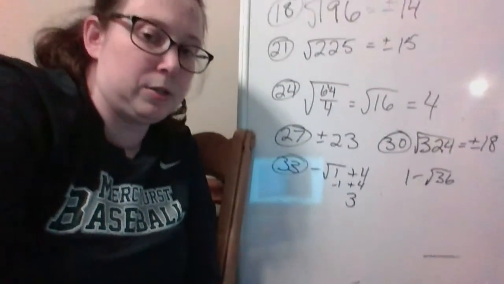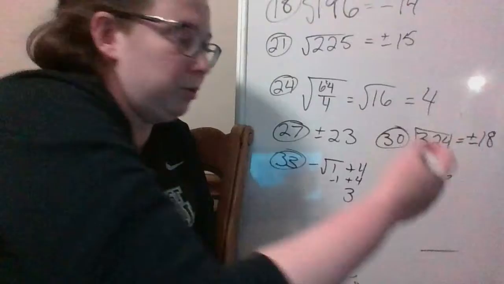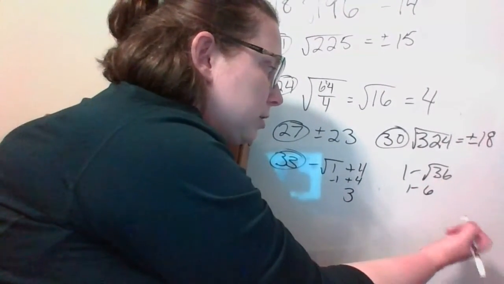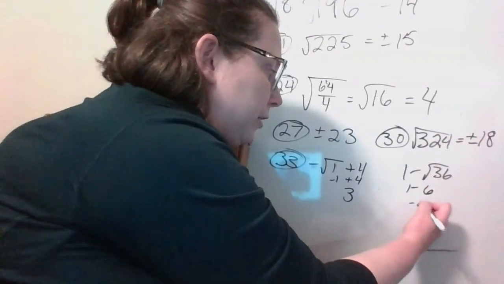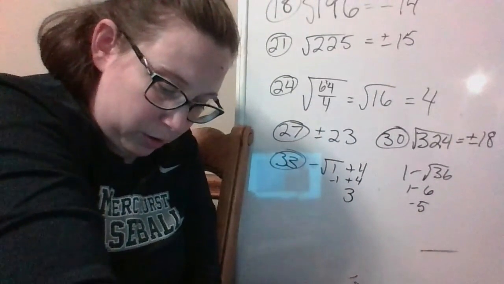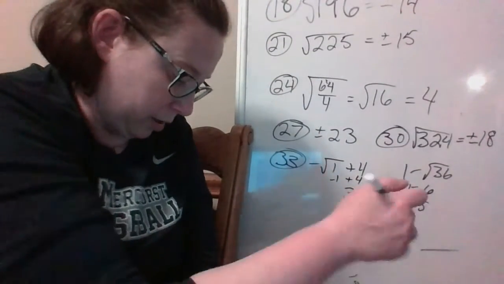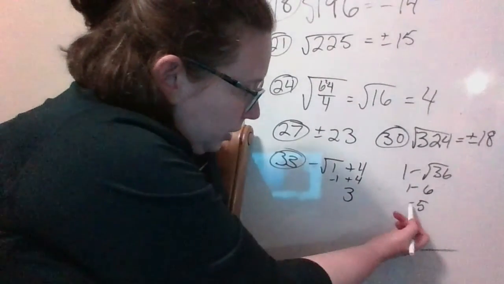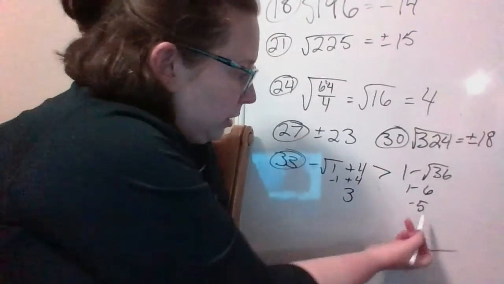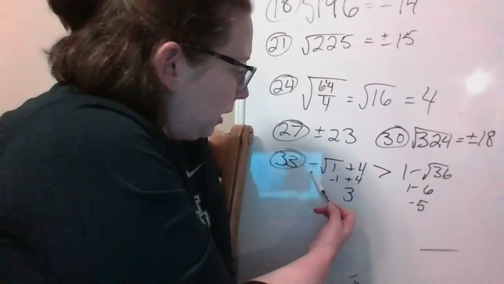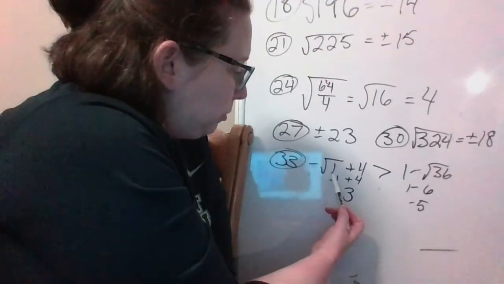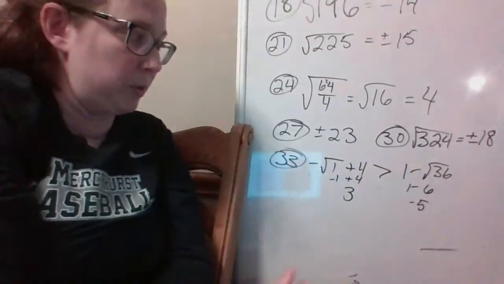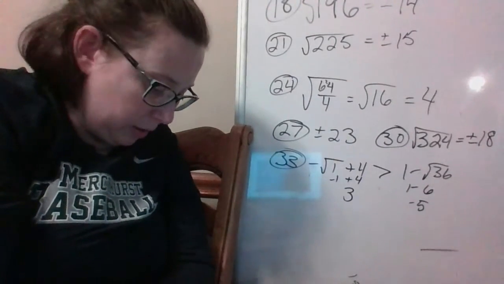And in the other case, we have the square root of 36, so we'd have 1 minus 6, which would be negative 5. So once we figure that out, we can throw in either less than, greater than, or equal to. 3 is greater than negative 5, so we can then say the negative square root of 1 plus 4 is greater than 1 minus the square root of 36.